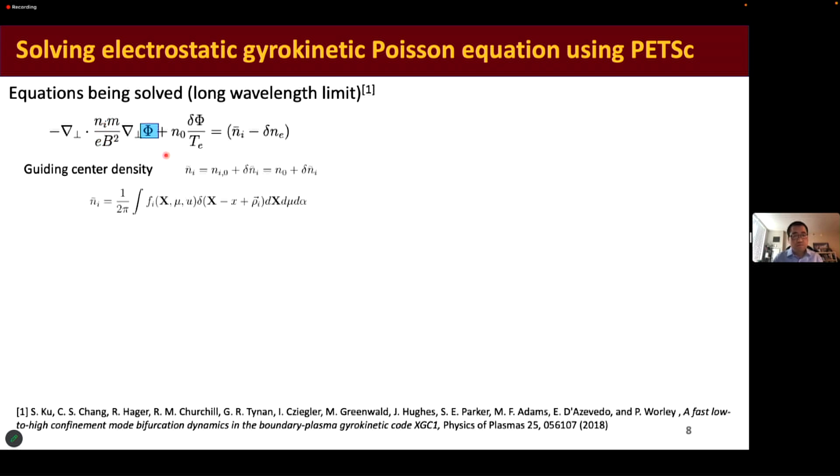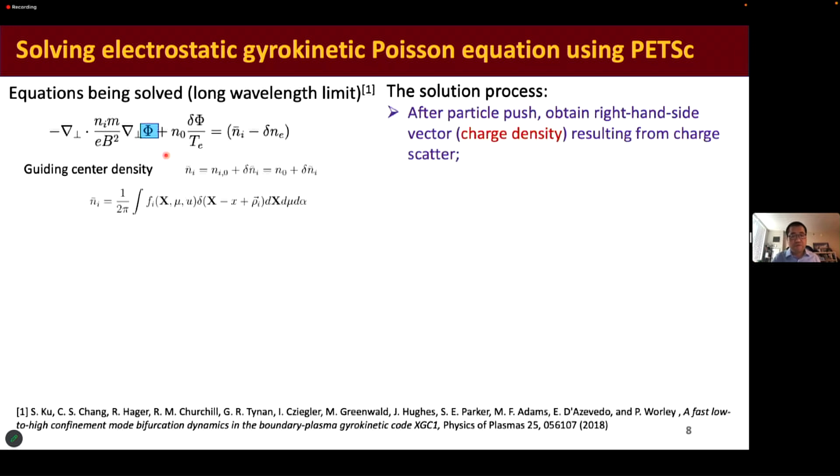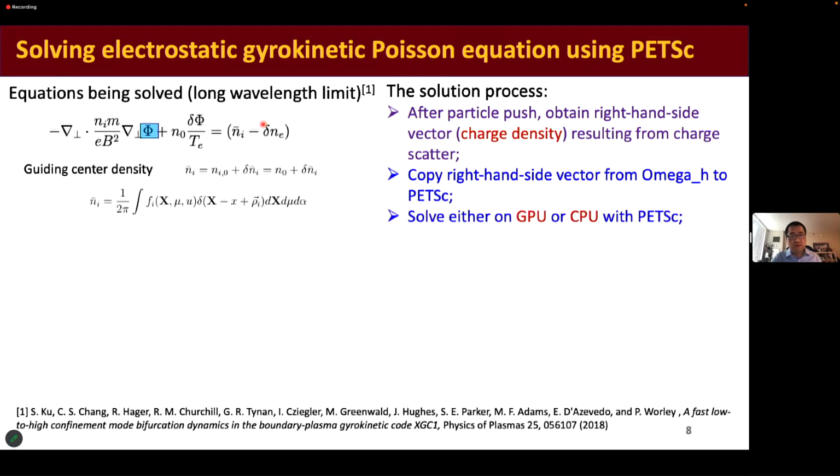In terms of the solution process, first after the particle push operation, we obtain the right-hand side vector, the charge density resulting from the charge scatter. Then we copy the right-hand side vector from Omega_h to PETSc and solve on either CPU or GPU with PETSc.